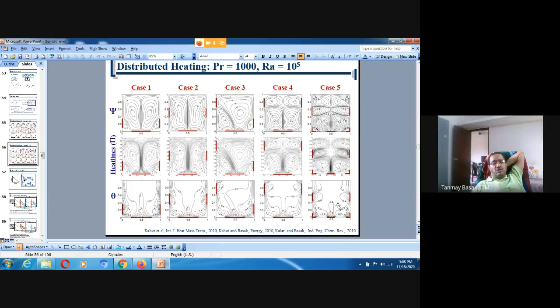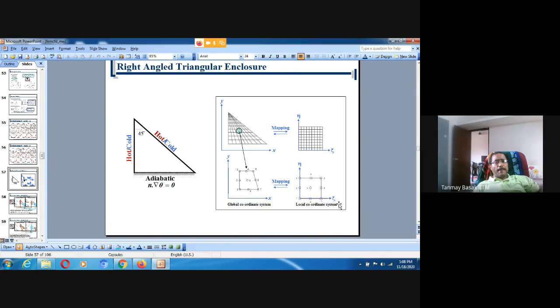So with more and more distribution of heat, mixing is enhanced, but you should not distribute even more, as then the effect will not be that prominent. This type of work was possible based on the generic finite element code and also the implementation of heat line.